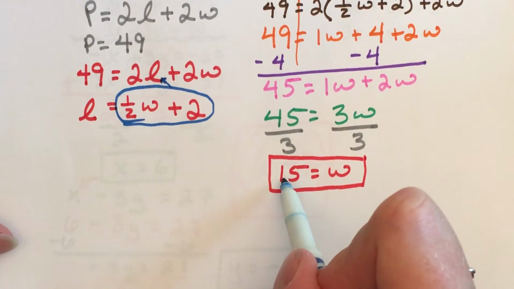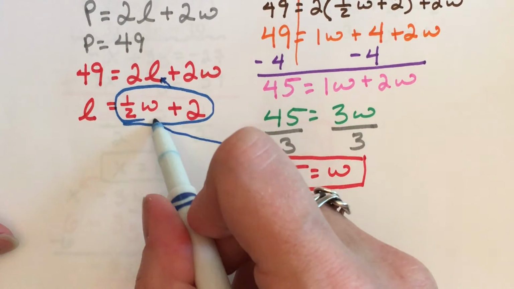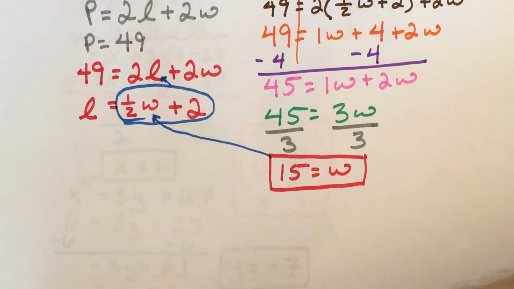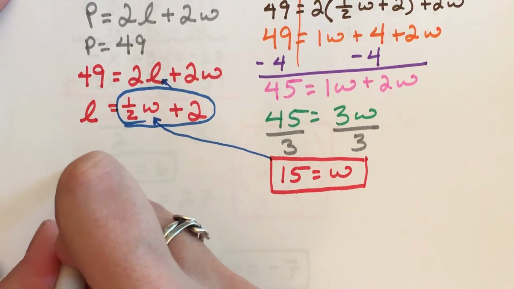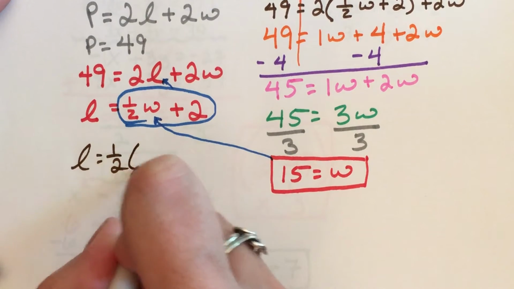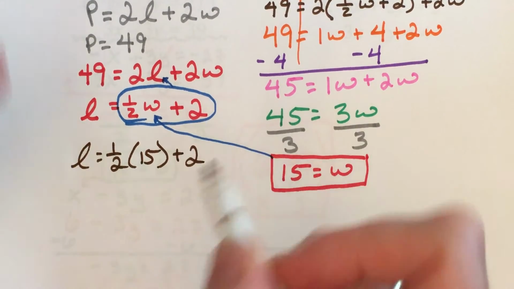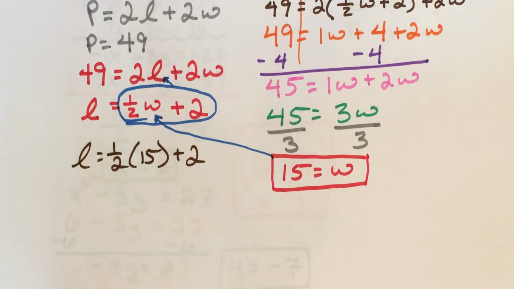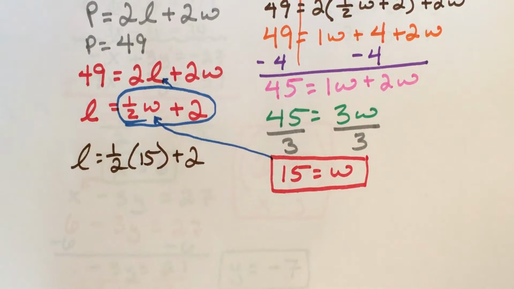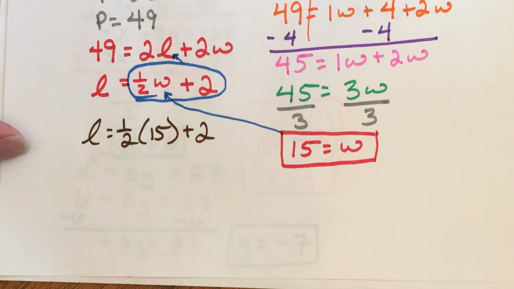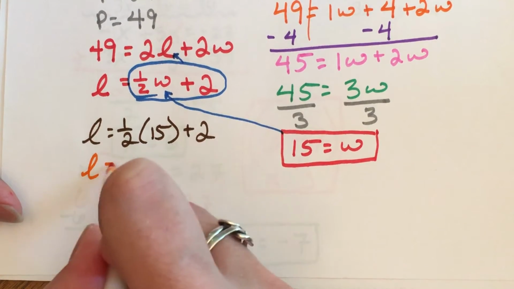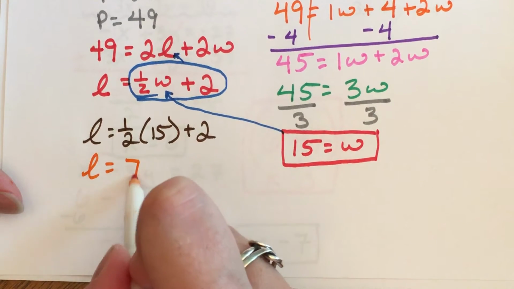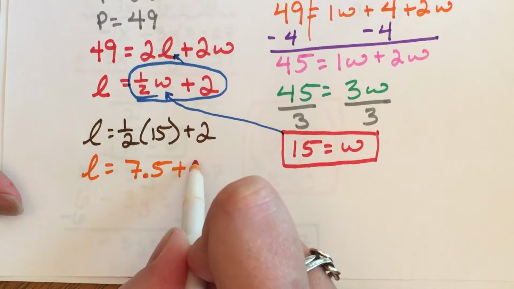So we're going to take this 15 and plug it into that W right there. So my length will be 1/2 of 15 plus 2. What is half of 15? 15 divided by 2. What is that as a decimal? 7.5. There you go.